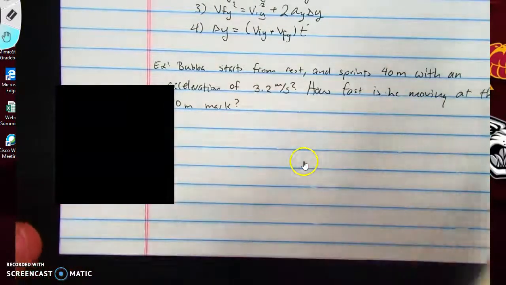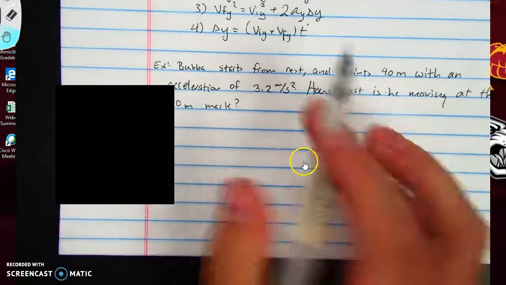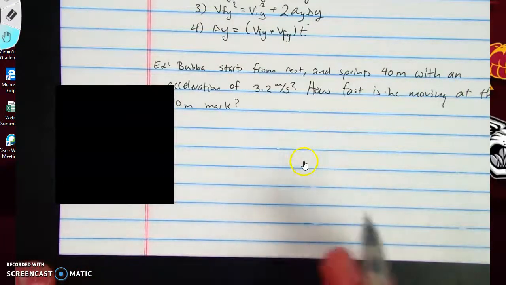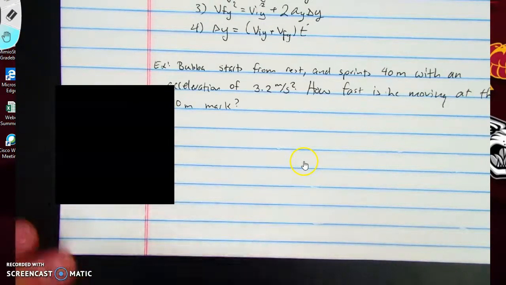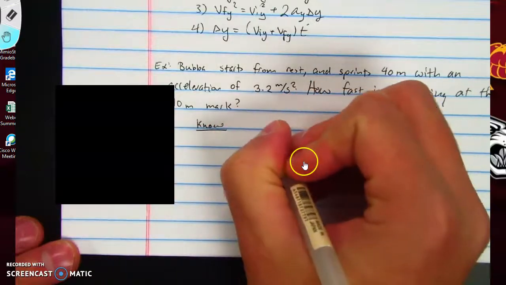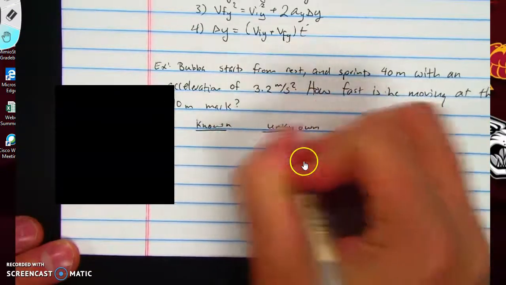Well, I'm just going to start by listing off what I know. Some of this might be very easy, very straightforward for some of you, but I do highly recommend one of the first steps you can take is to list what you know and what you don't know. Known and unknown.